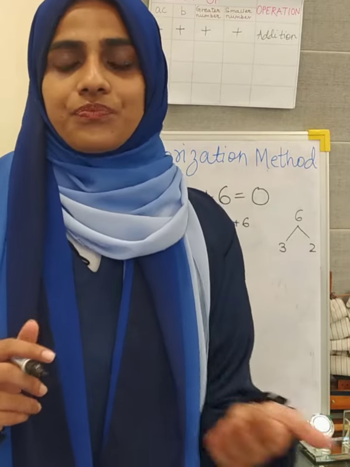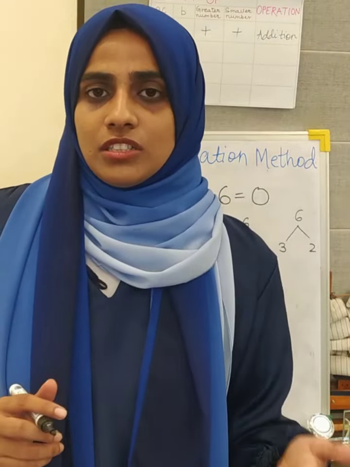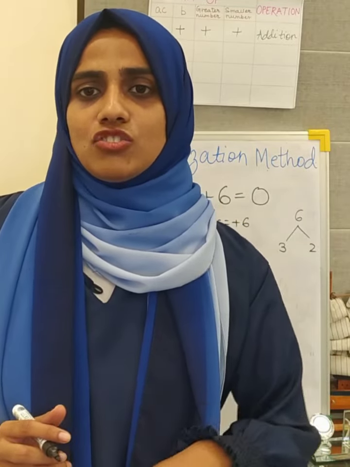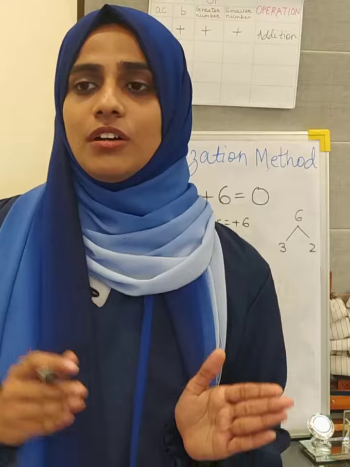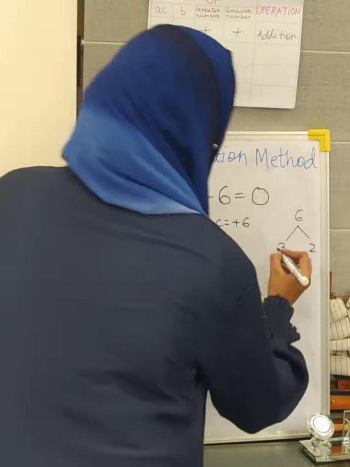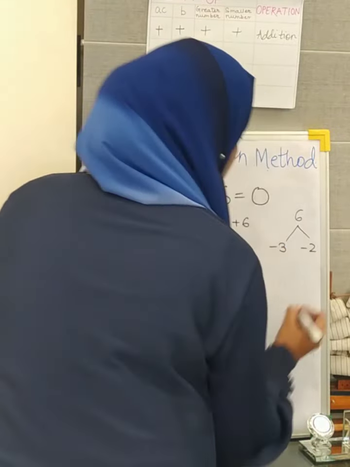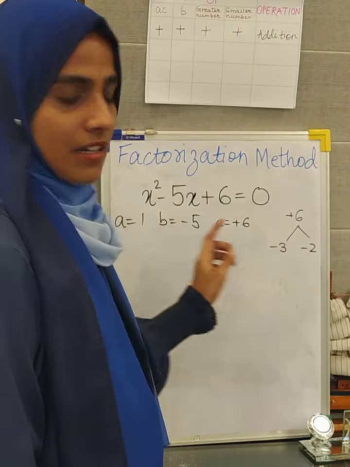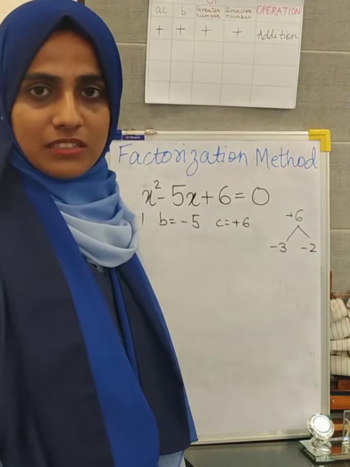So we all have learned that to add any two numbers, the signs should be either plus plus or minus minus. So here we will take the signs as minus 3 and minus 2. So 3 multiplied by 2 is 6 and minus minus becomes plus.